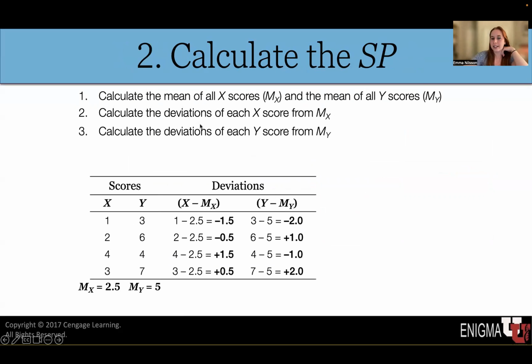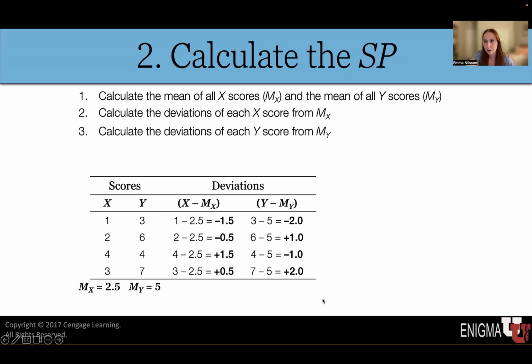Then you calculate the deviations of each X score from the mean of the Xs and each Y score from the mean of the Ys. For example, our X score is 1 and the mean is 2.5. We go 1 minus 2.5, which gives us negative 1.5. And likewise, our Y score is 3 and the mean of the Ys is 5. The deviation between them is negative 2.